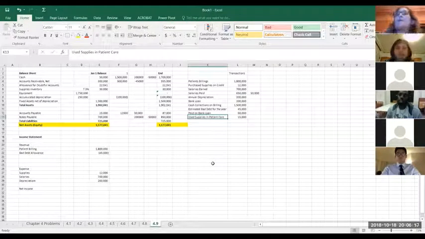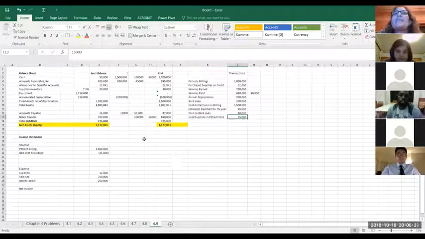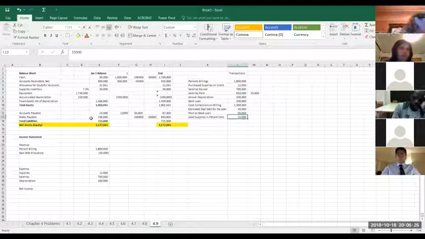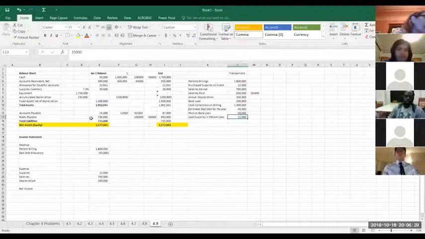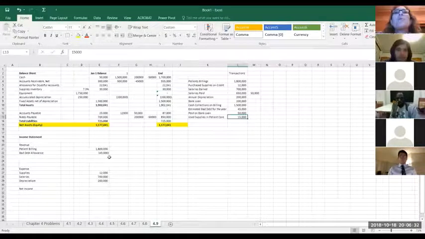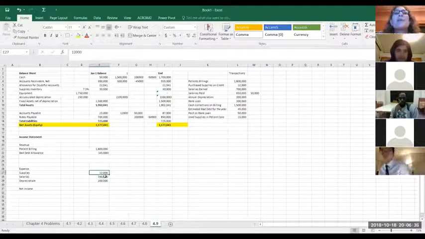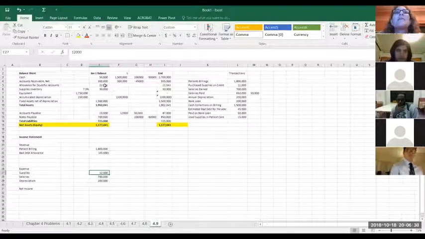Okay. So this one, interestingly, kind of goes back to the supplies inventory. Is that what they actually had? Did they call it supplies inventory? Oh, they sure did. So I think you were right, Rachel. The way that they're accounting for this, supplies is in fact inventory here.